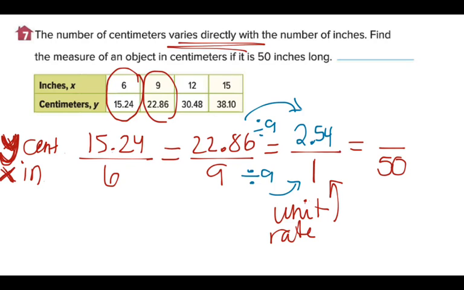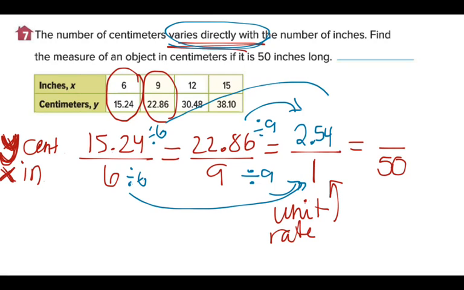Now, because it directly varies, if I were to say 6 divided by 6, that also equals 1. So 15.24 divided by 6 should equal 2.54, and if you type it into a calculator, it does. So what that tells us is that for every 1 inch, I have 2.54 centimeters.